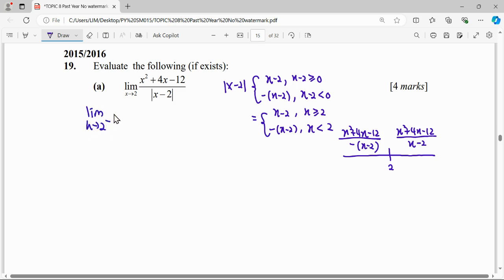As x approaches 2 from the left, the function is x squared plus 4x minus 12 over the modulus of x minus 2, where we select the negative function. We evaluate this limit by substituting 2 into the function, and we get the indeterminate form 0 over 0, so we need to simplify by factorizing.